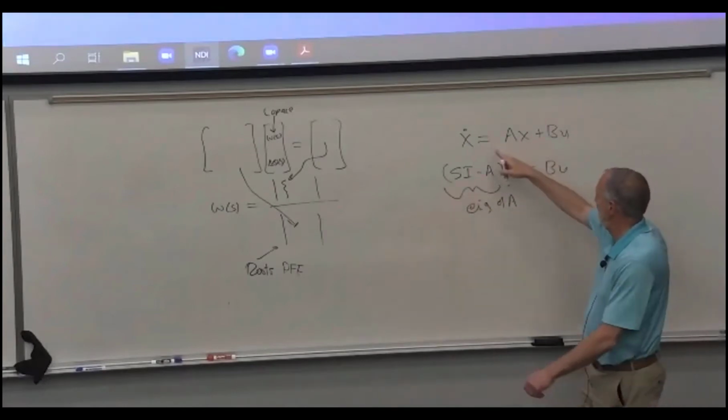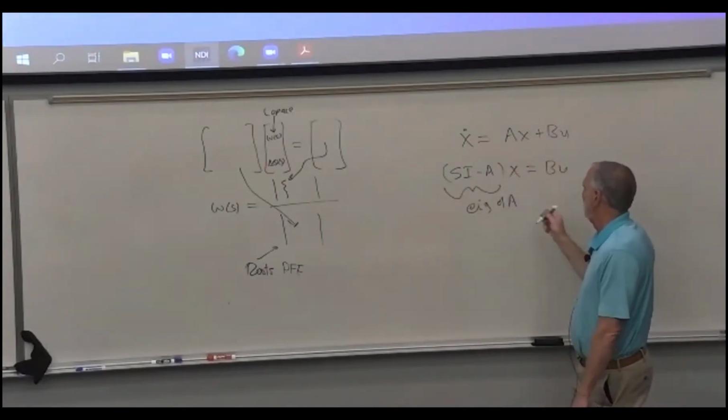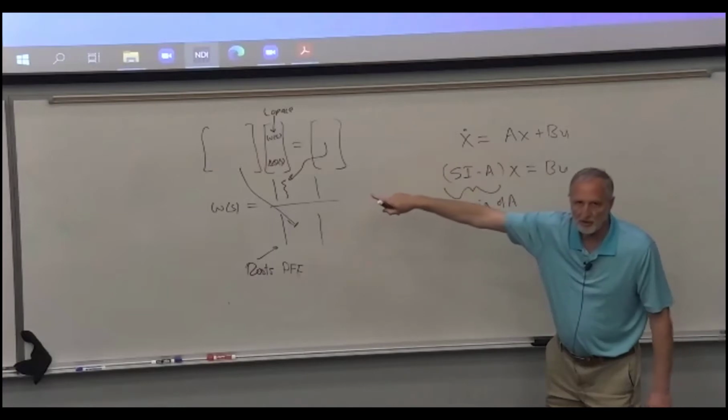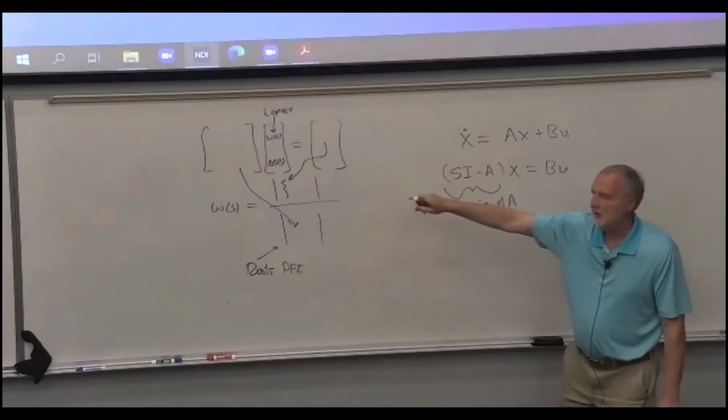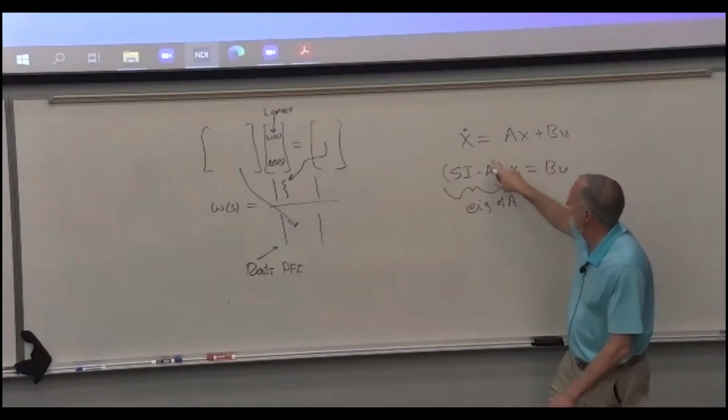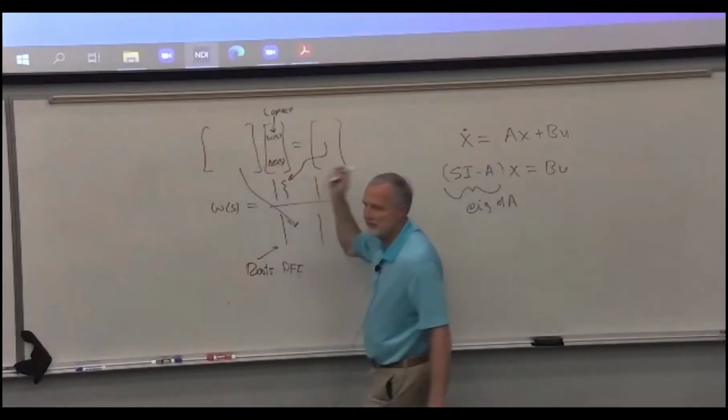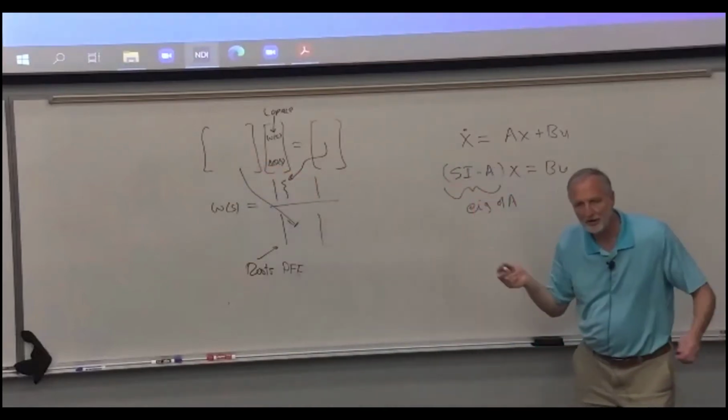Essentially, when you put it in state space form, you solve to get that formula along the way. But the eigenvalues of A are not the same as what you get over here. Sorry.